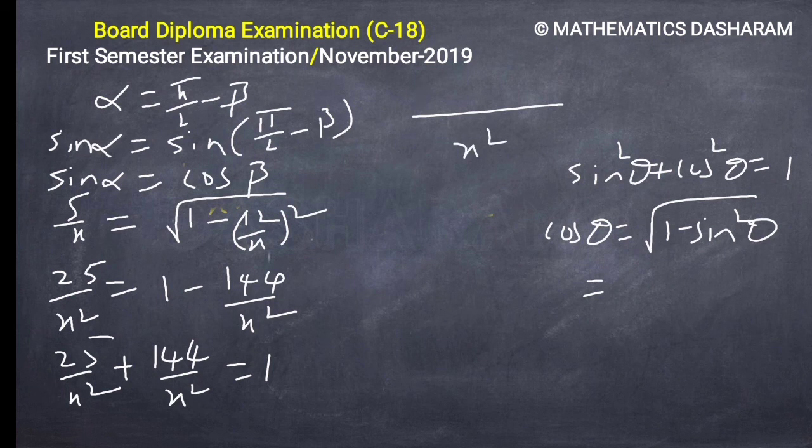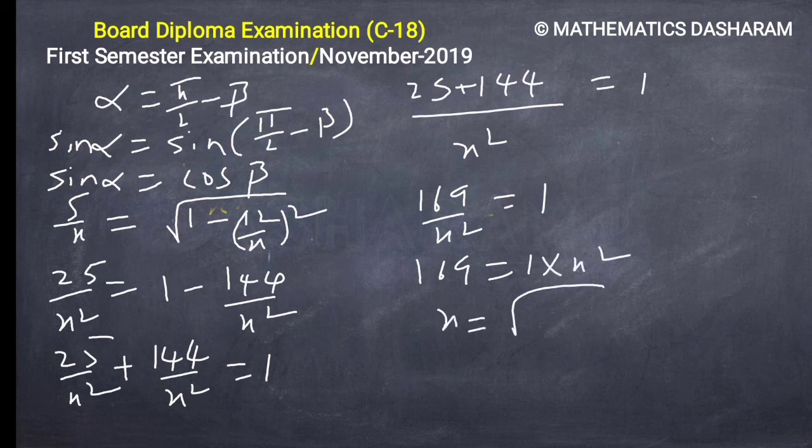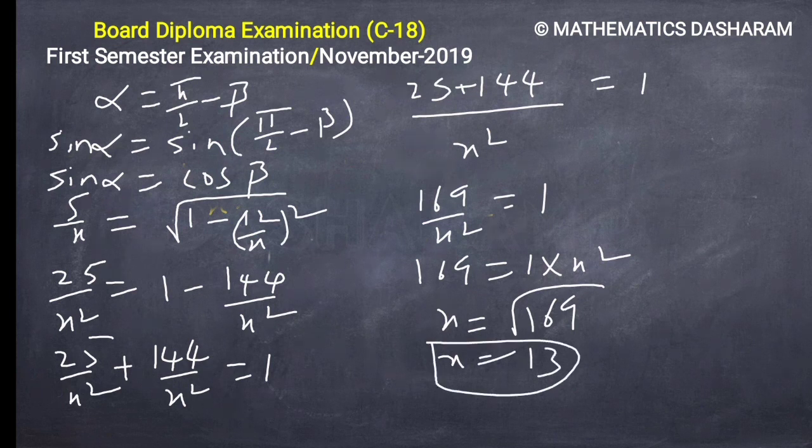So then 25 plus 144 is 169 by x square equals to 1. 169 equals to 1 into x square. Then x equals to under root 169. So then x equals to 13 is the answer.